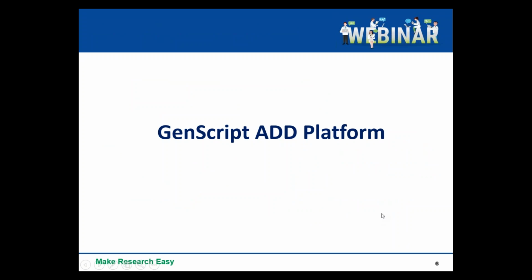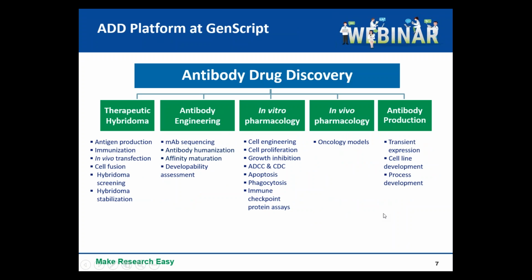Okay, within that context, let's look at what GenScript has to offer to support its clients' antibody drug discovery needs. This is a snapshot of our platform. We have therapeutic hybridoma services, antibody engineering, in vitro and in vivo pharmacology, and antibody production.